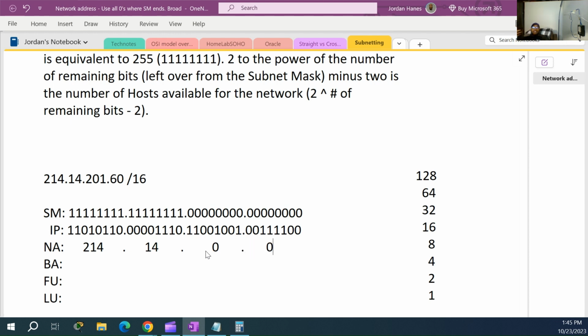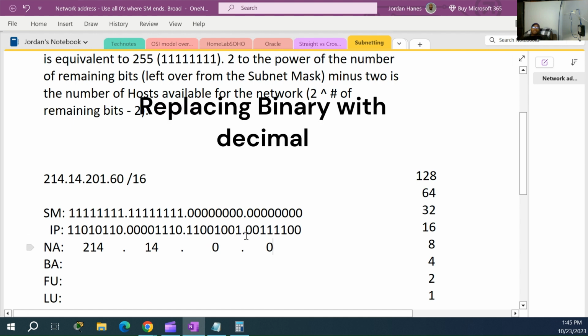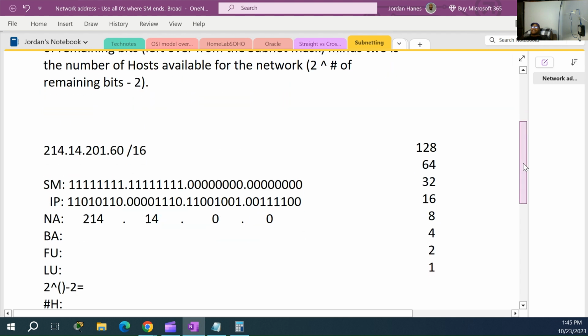Why? Because with the network address, that's the rule. Before where the subnet mask ends, the IP address will remain the same, and where the subnet mask ends we replace the binary with all zeros, and that's where we have the 0 here for the third octet and the 0 here for the fourth octet.